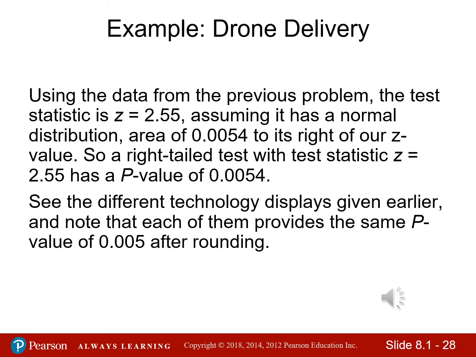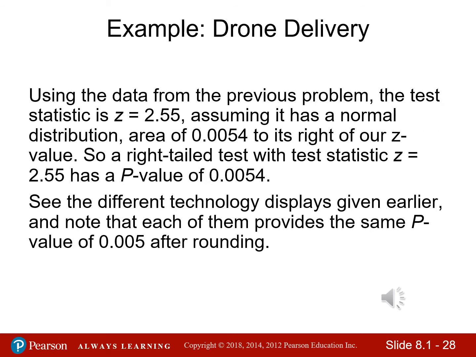Assuming our distribution has a normal distribution, the area of 0.0054 is to the right of our z value. So a right-tailed test with a test statistic of z equals 2.55 has a p-value of 0.0054.